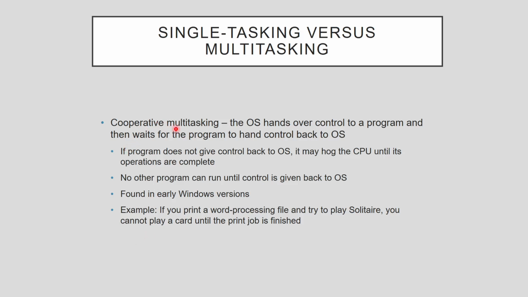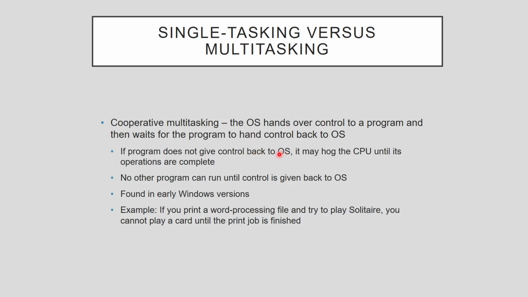In cooperative multitasking, the assumption here is the program will do some work and then give control back to the operating system. If for some reason the program does not hand control back to the operating system, the program will hog the CPU until its operations are complete, while all other programs on the computer are on hold.